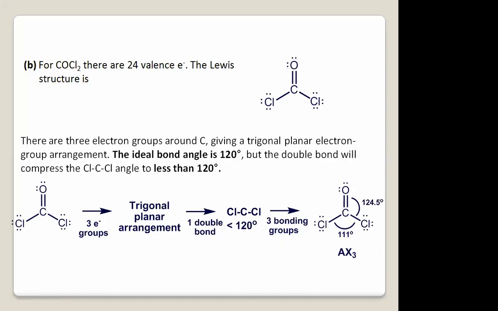In the trigonal planar structure, you have angles of 120, but the double bond here is repelling these two angles that are supposed to be 120. As a result of this repulsion, this angle increases to 124.5, and this angle reduces to 111.